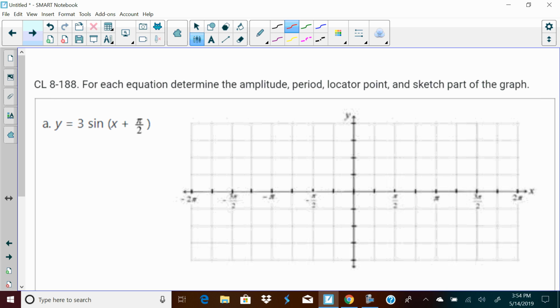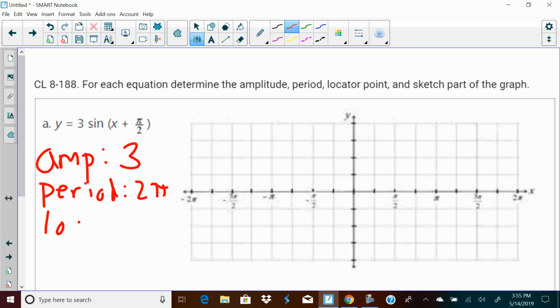Problem 188, for each equation, determine the amplitude, the period, the locator point, and sketch part of the graph. So in A, the amplitude is 3. The period, there's nothing in front of the parentheses, so it's 2 pi. And the locator point, or the horizontal shift, is negative pi over 2, comma 0. So it's where it starts.